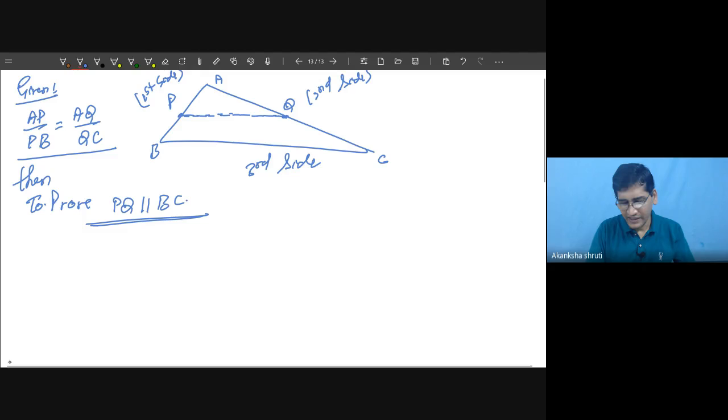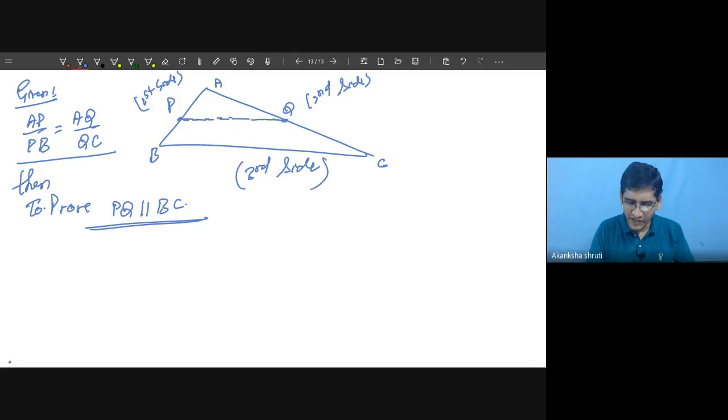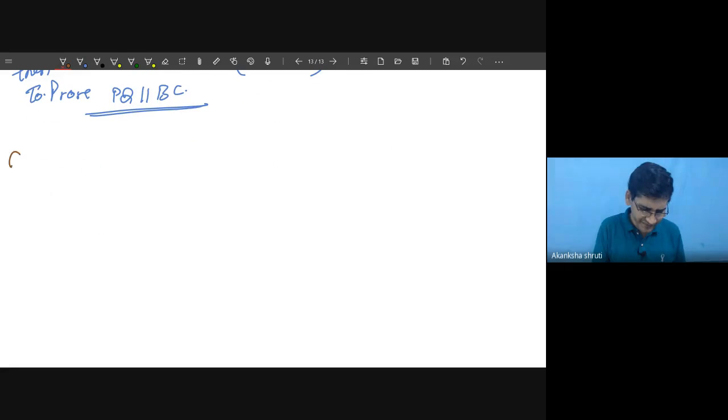So the line joining the intersecting point is parallel to the third side. Okay, it was this one. So only this much explanation is enough. So it may be asked in MCQs, the question based on this.